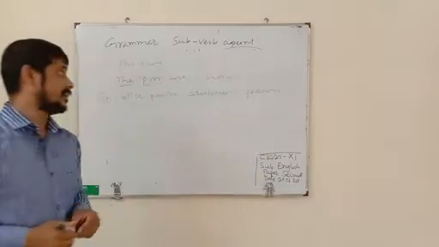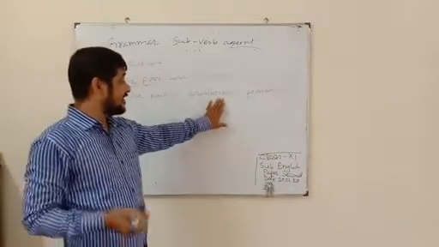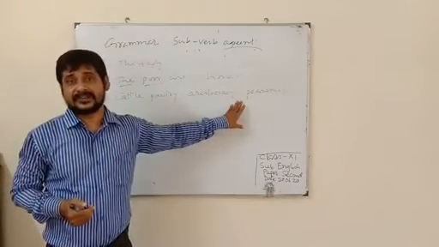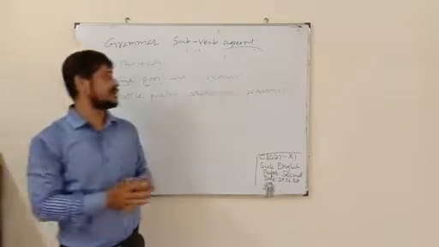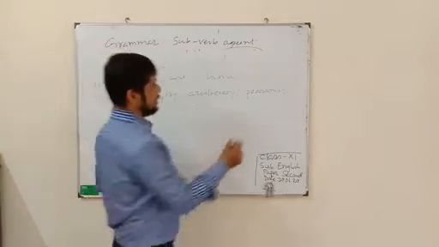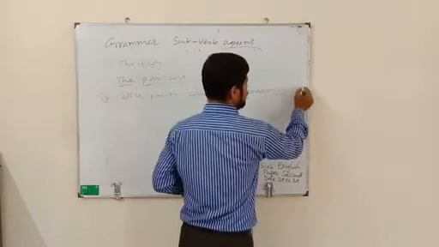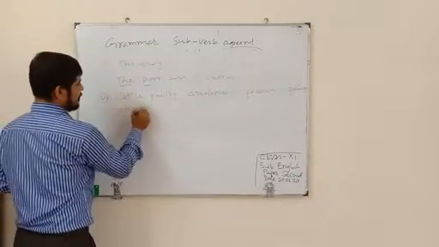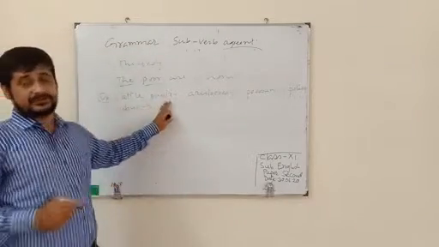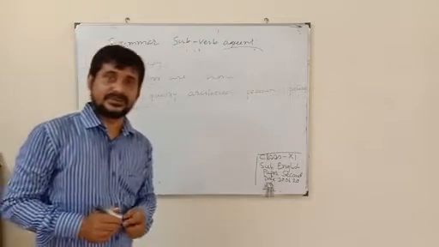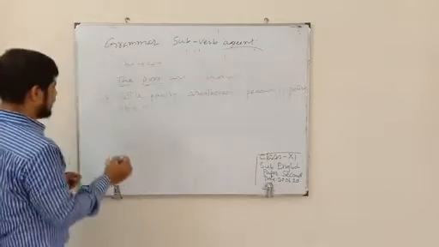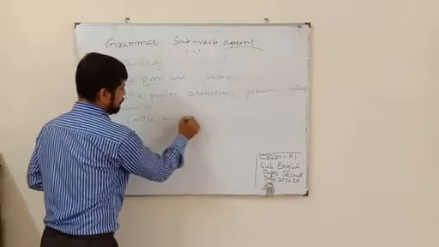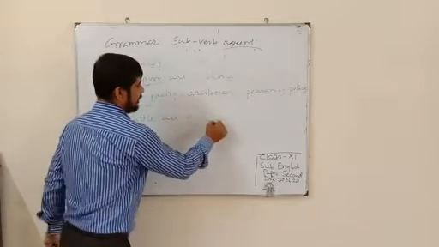Those nouns look singular, but they are not. They are always plural. And after this kind of subject, we have to use a plural verb. Cattle are grazing in the field.